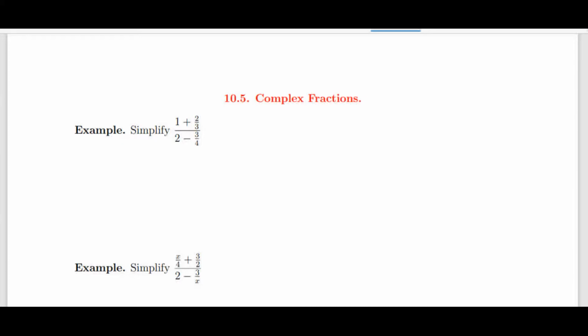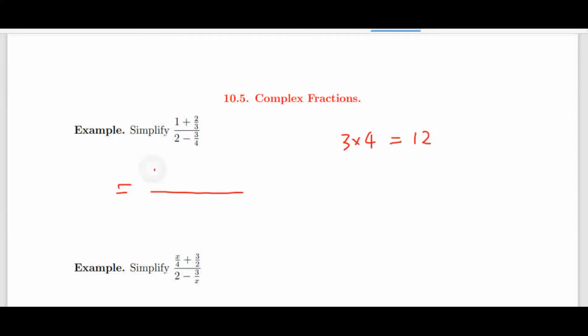The idea is the same: we want to get rid of those denominators. Here we have denominator 3 and denominator 4, so we just multiply 3 times 4, or 12, to each one.